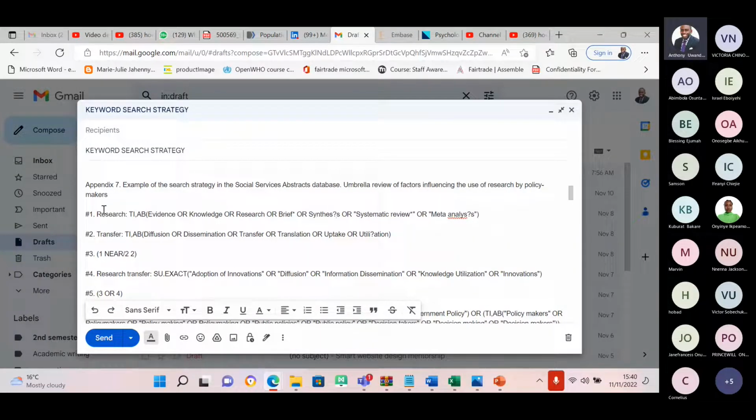So at least I've known how to search for research. Now use of research. I've seen that this one is diffusion or dissemination or transfer. So use of research, the synonym is research transfer, right? But now what they did is that they search for evidence for the research synonym separate, then search for transfer synonyms separate, and then they now used one near two, that's to combine these two together.